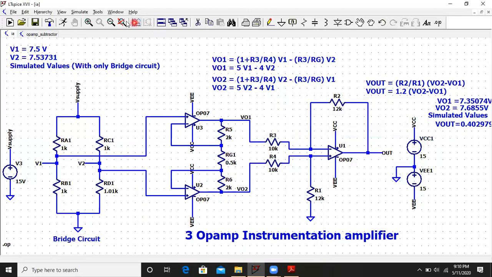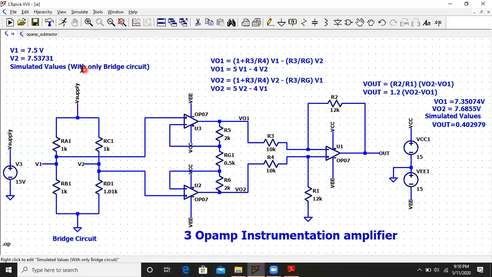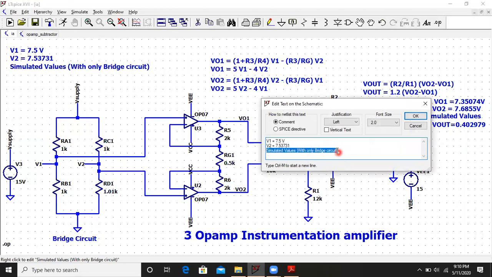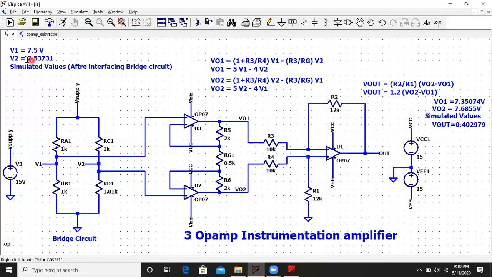So these are all the values which we are getting. These are the simulated values after interfacing the bridge circuit. So V1, V2, VO1, VO2, all the values are coming now.